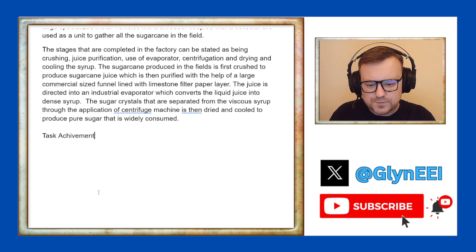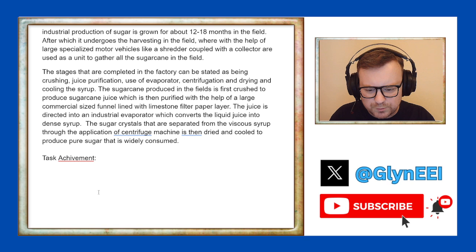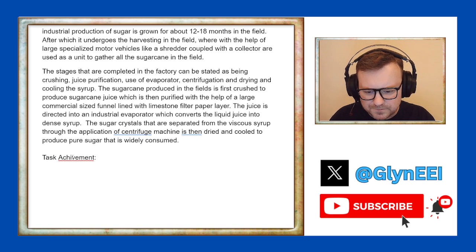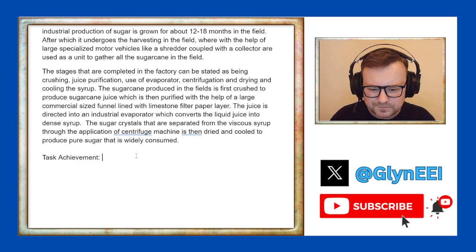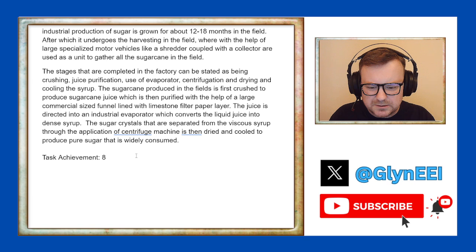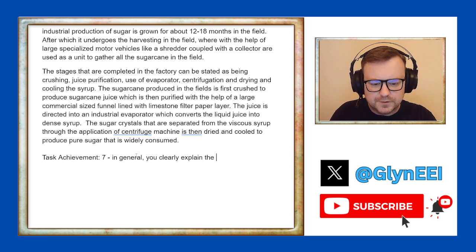Okay, so let's give some scores. So task achievement, I would say we will give an 8. Yeah, this probably, no, I'm going to drop it to a 7, and I'll explain why. So in general, you clearly explain the various steps of the production of sugar.